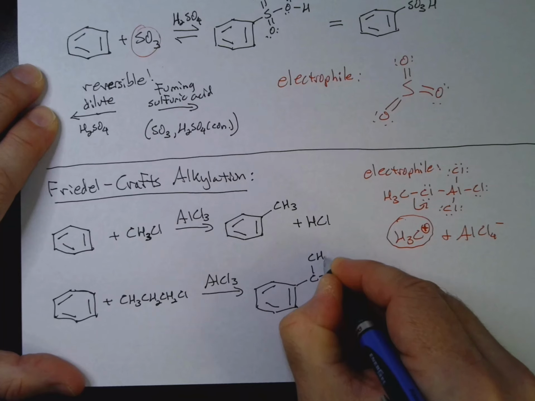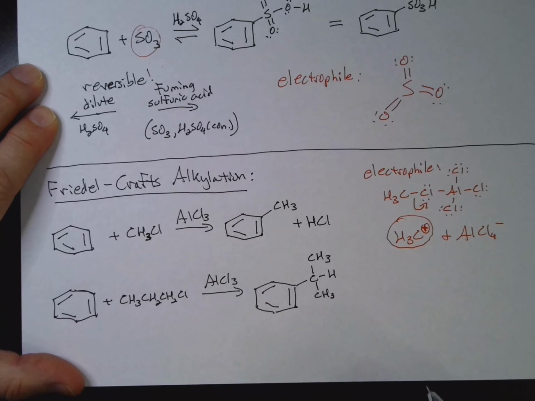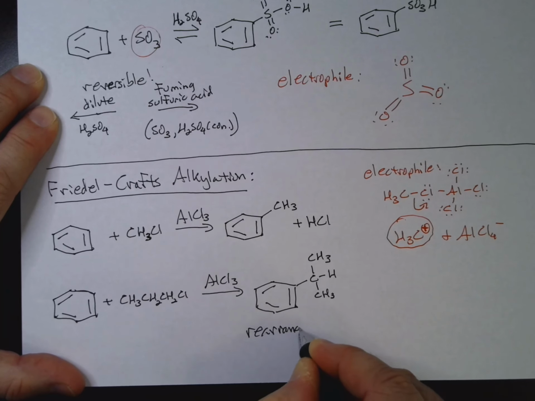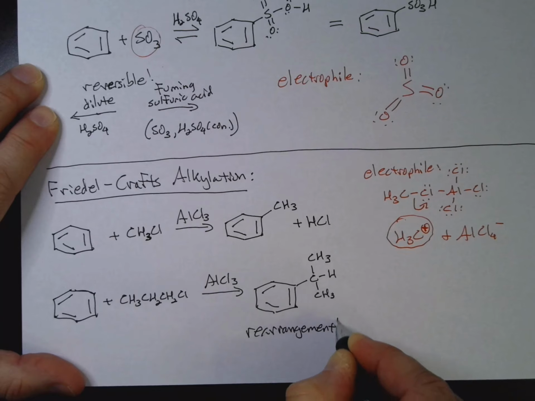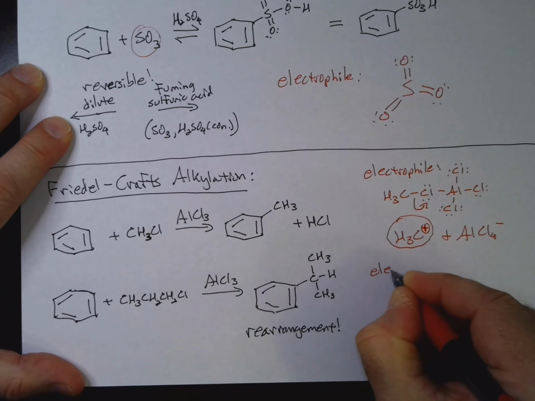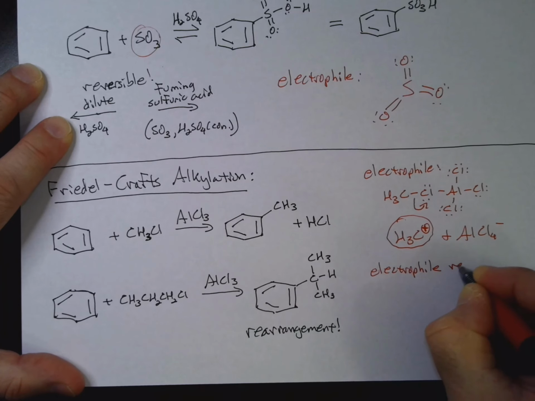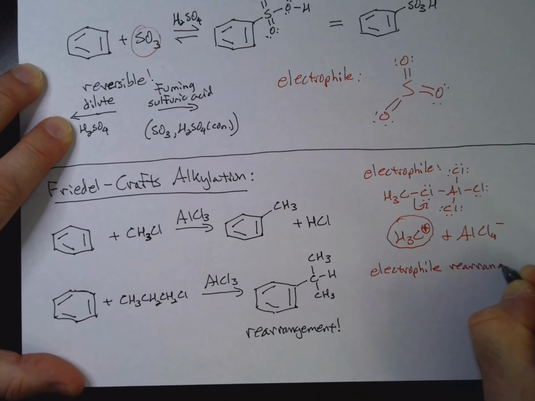We end up getting isopropyl benzene instead. What we get here is a rearrangement. And that's because when we make the electrophile, it's going to rearrange.